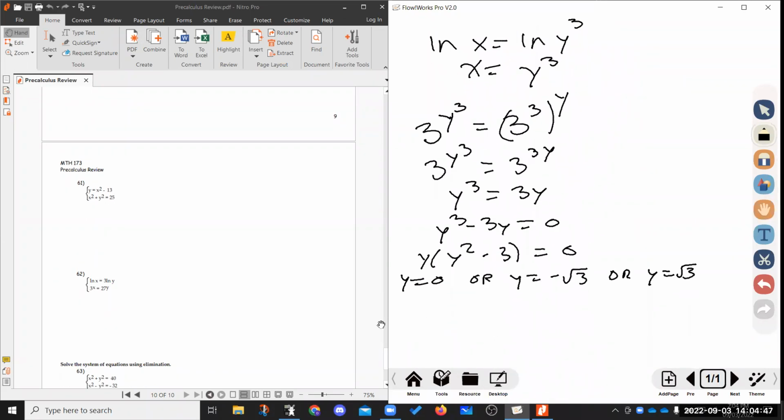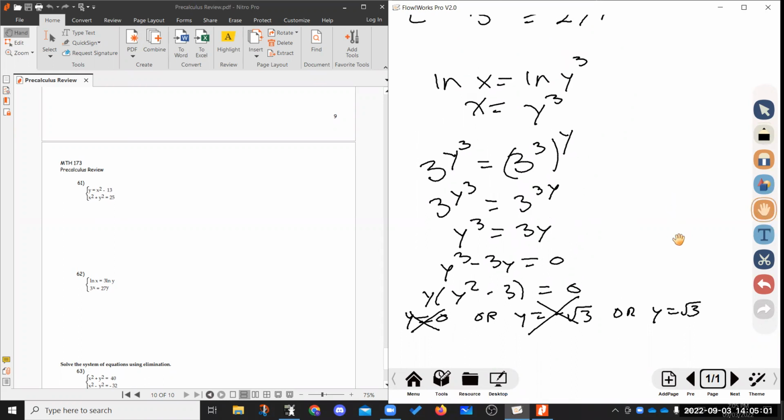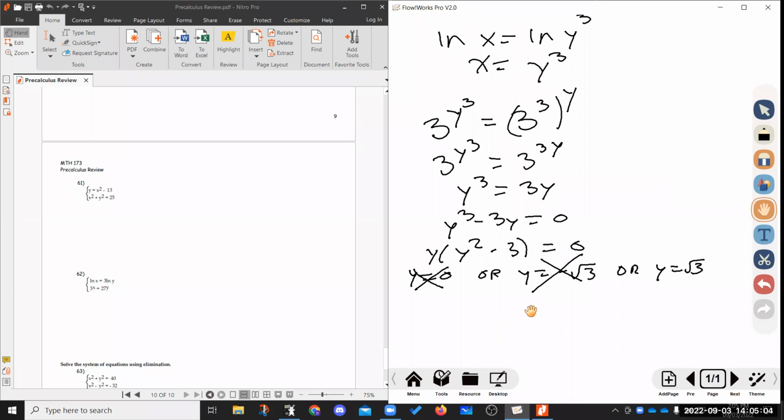I'm not allowed to have a 0 inside of an ln. I'm not allowed to have a negative inside of an ln. So my only possible answer is when y equals the square root of 3, then x is going to be equal to the square root of 3 cubed, which is 3 root 3. So I need to go back and make that worksheet clear and make sure that it says 27 to the y power.